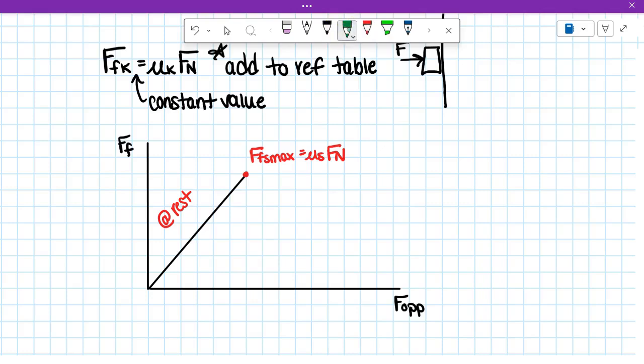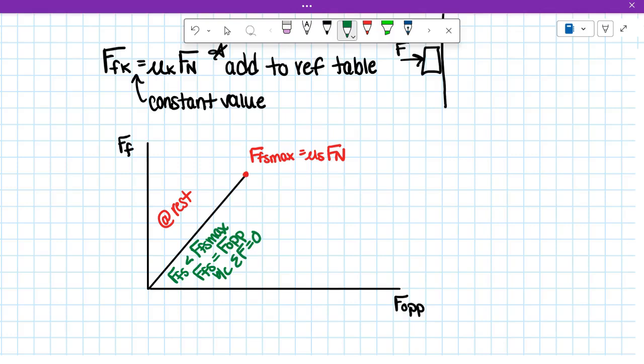So for this section, the force of static friction is less than the maximum force of static friction, so we are not sliding, and therefore the force of static friction is going to equal whatever force or forces are opposing, because we know that the net force has to be 0 in order to keep something at rest. So this is the part where the force of static friction is variable.